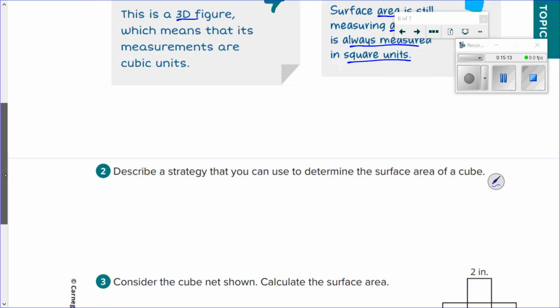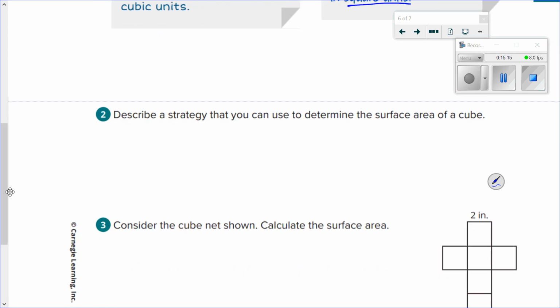So describe a strategy you could use to determine the surface area of a cube. What do you think you could do? And we gave you a good indicator, right? I could make a, Layla? You know what that's called? Good.